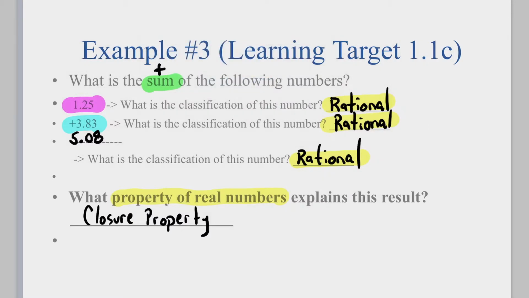And we have already verified that we're using addition because of the word sum. And so in this case, a rational number added to another rational number results in a number that is also contained in the set of rational numbers.